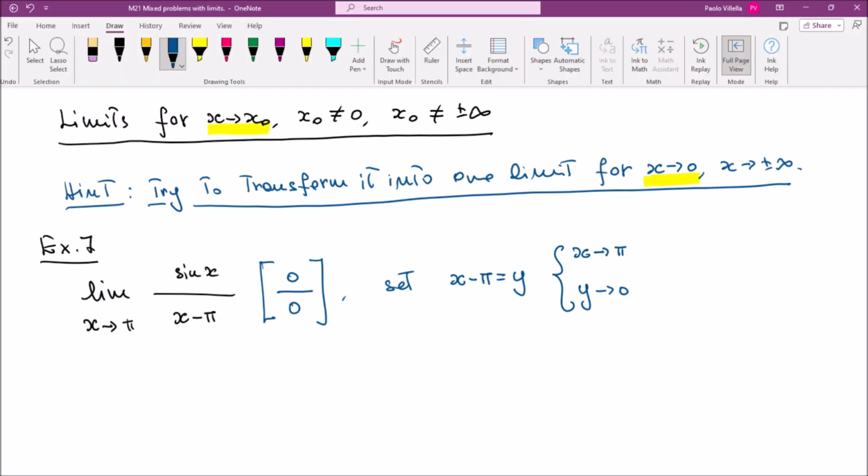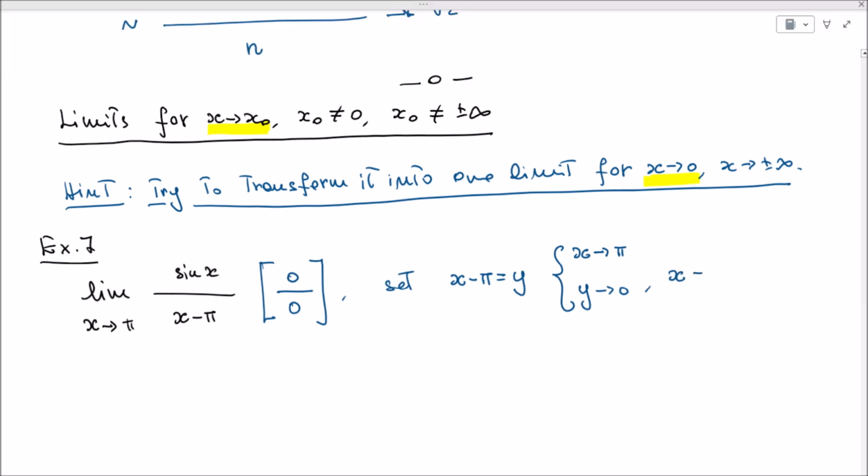Now, from this, we can also re-express x as pi plus y. So our limit now is the limit as y tends to 0 of sine of pi plus y, divided by y.